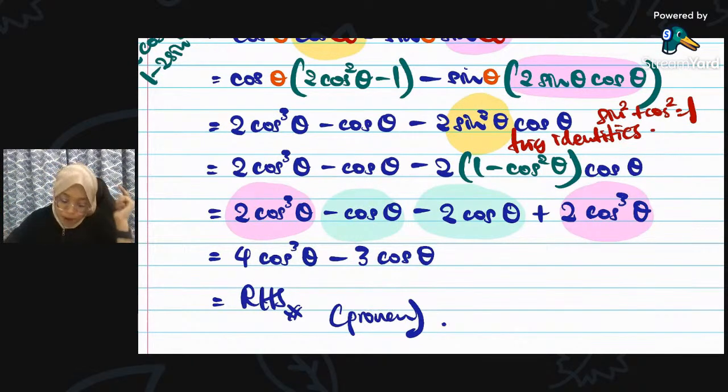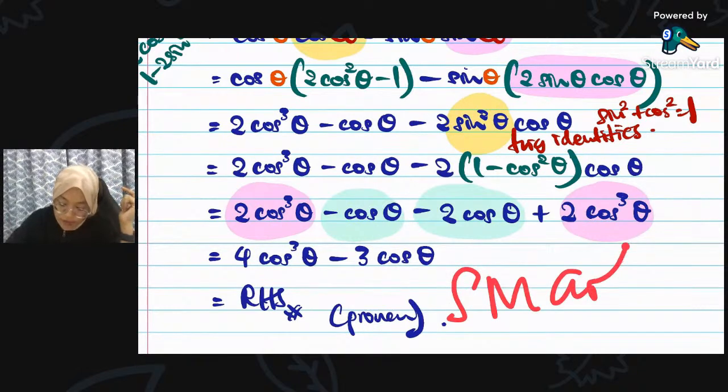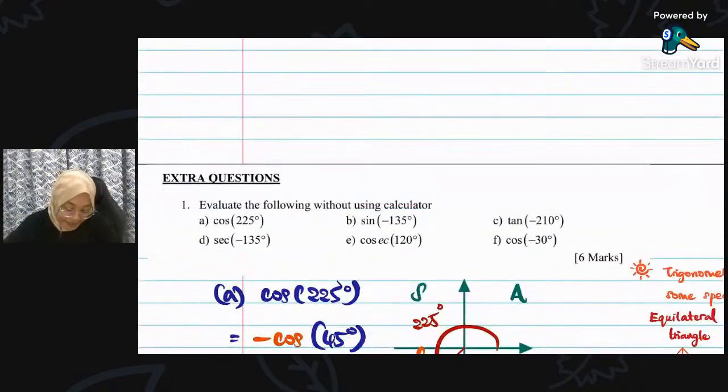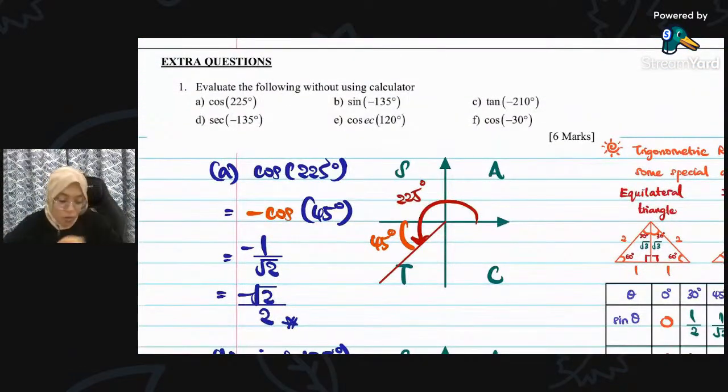Okay, gotta be smart a bit lah. Okay, proving ni kena sangat-sangat berfikirlah. Tak apalah, berhentilah di sini. So now I go with the extra questions. Number 1. Okay, so nak habis dah untuk subtopik yang pertama, which is 7.1.